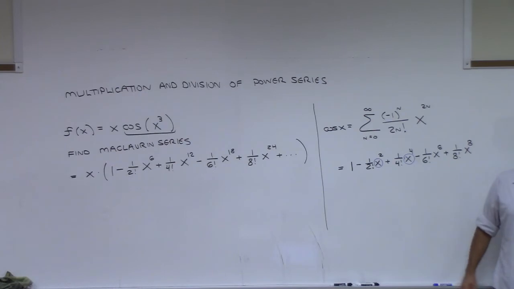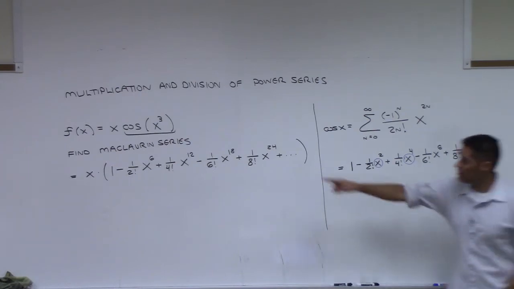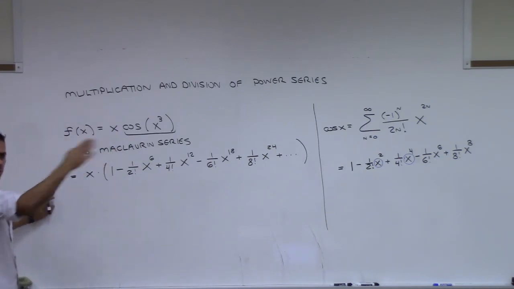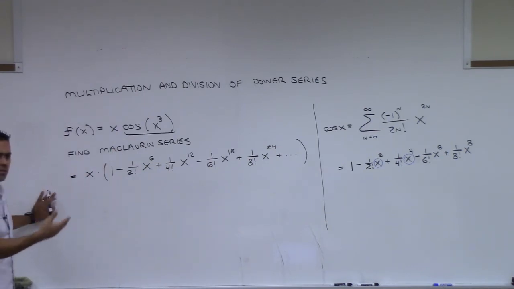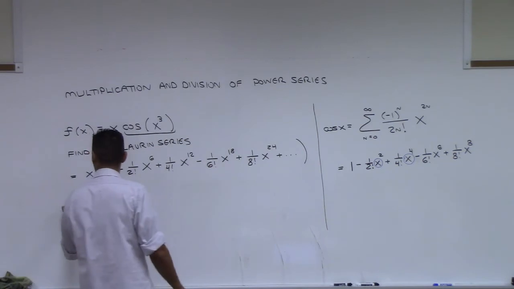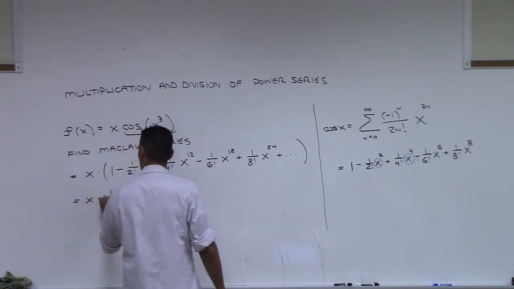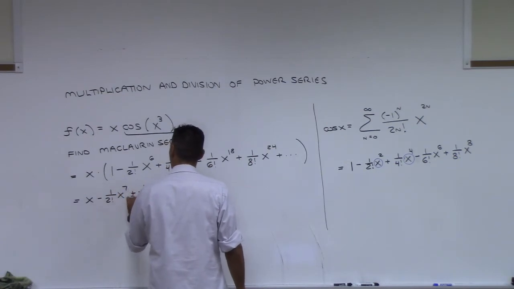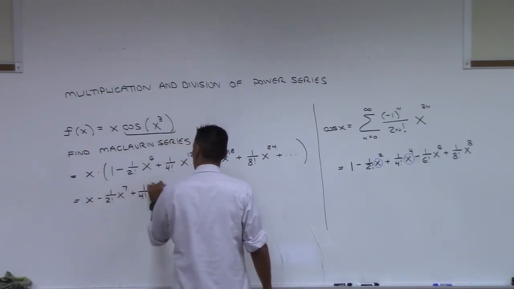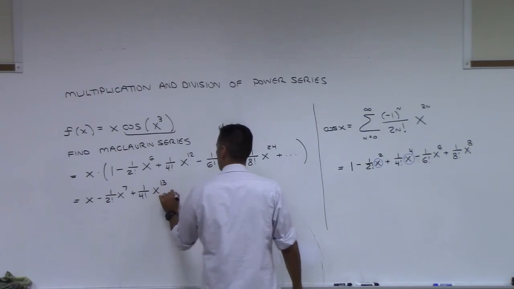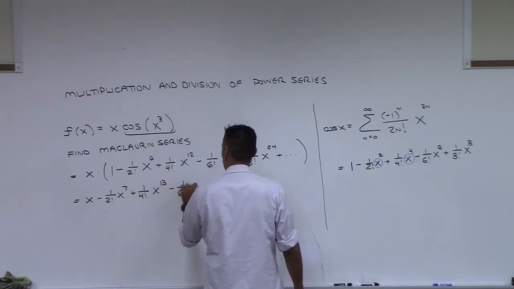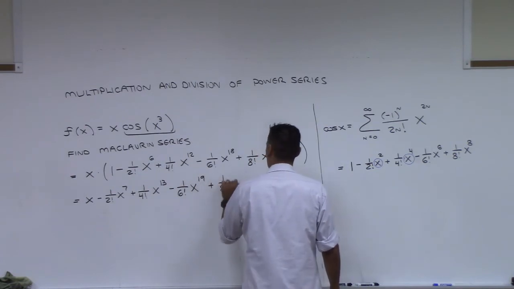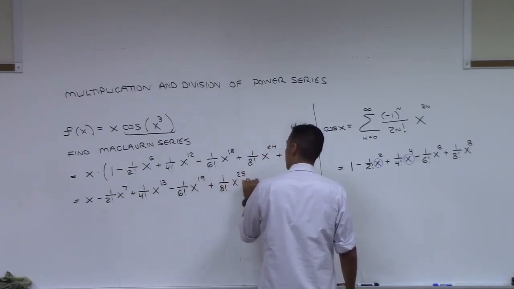And then, why did you put the x on the outside? That's the original x right here. Yeah, for sure. And now let's just distribute the x through. So we'll have x minus 1 over 2 factorial x to the 7th plus 1 over 4 factorial x to the 13th minus 1 over 6 factorial x to the 19th plus 1 over 8 factorial x to the 25th plus dot, dot, dot.